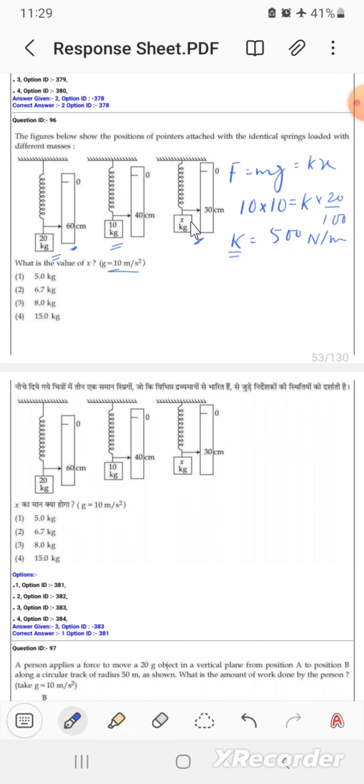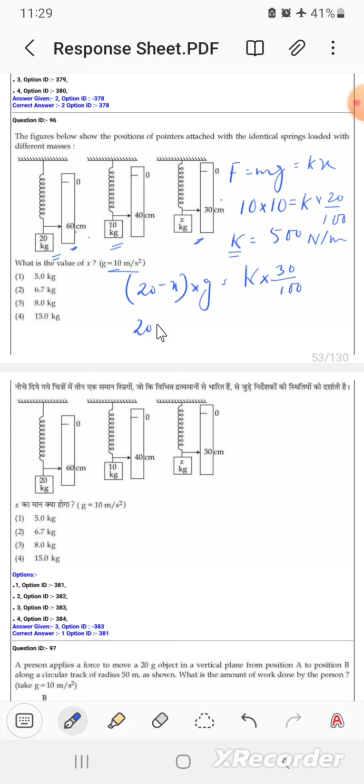Now you can see the reduction of mass here is (20 minus x) into g equals kx. Here x we are considering the displacement. The reduction in the displacement is 30 centimeter, that is 30 by 100. So we have to find out x from here.